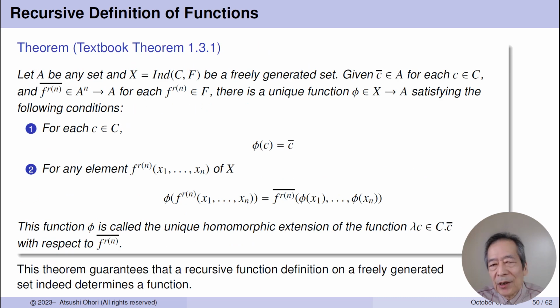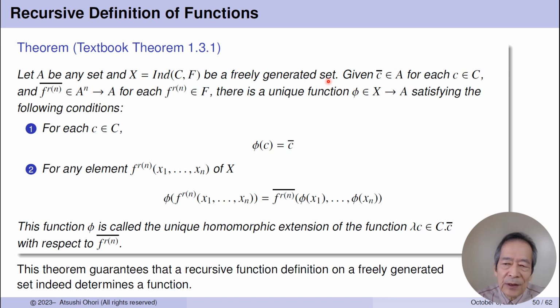So freely generated set, as a restricted class of inductive closure, provides a mathematical basis for recursive definition of functions. This property is represented by this theorem. Let A be any set and X be a freely generated set.